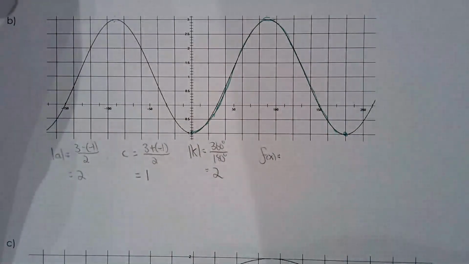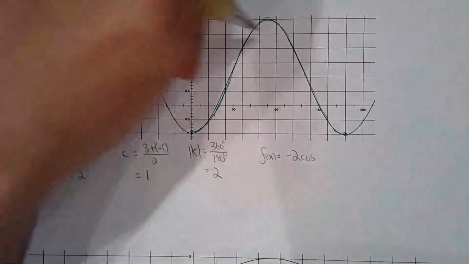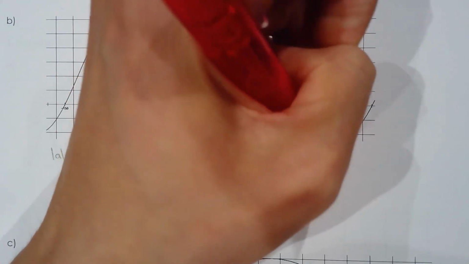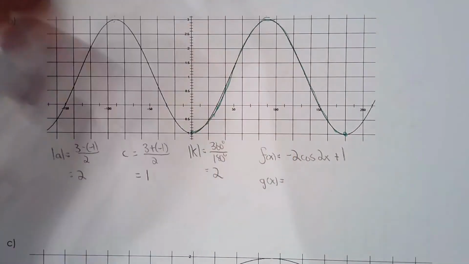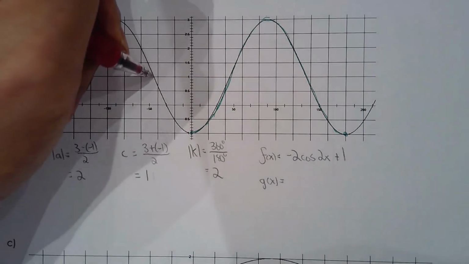And A is -2 because you reflect it across the x-axis to get the one that I drew in green. C is +1. So if you visualize this as sine, you know what, I'm going to start over here.